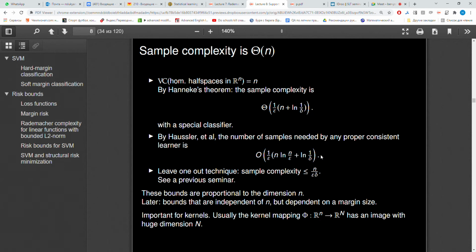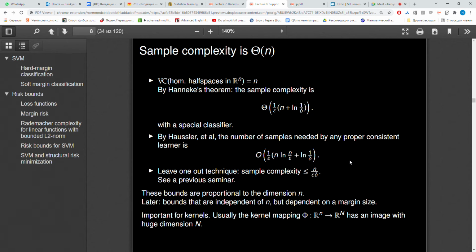And we know that for any proper consistent learner, we need this time of computing to achieve this number of elements in the training sample to achieve good bounds.